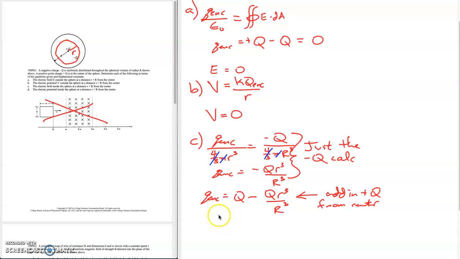Also, the area, we have a spherical symmetry here, is going to be 4 pi little r squared. And we're going to take these and plug them into Gauss's law. And I need space. Where am I going to put this? Here, I'll switch to blue, put a bar here, and this will be C continued.